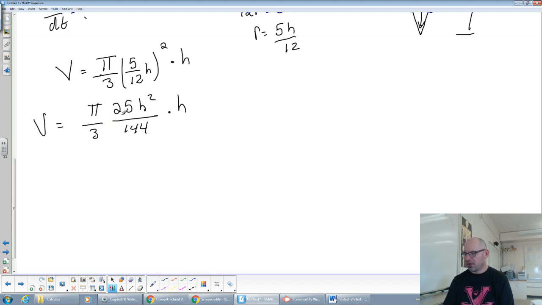Now we can do some simplification. So we've got pi, 25 pi h cubed on top, over 3 times 144, which is 432.